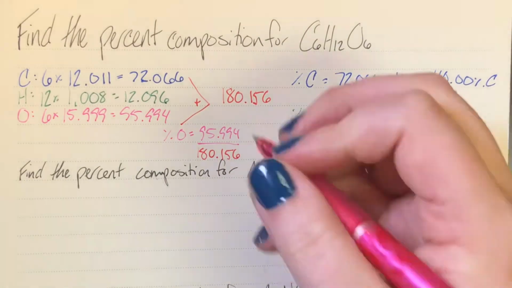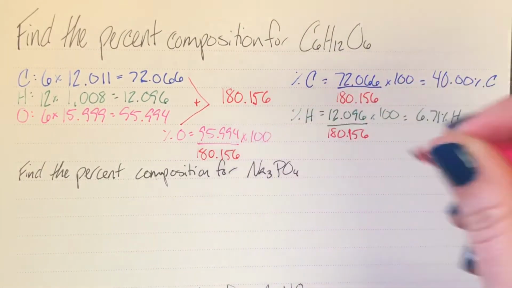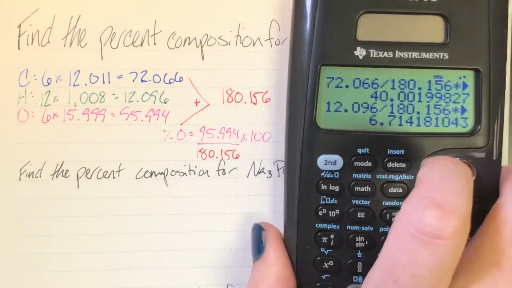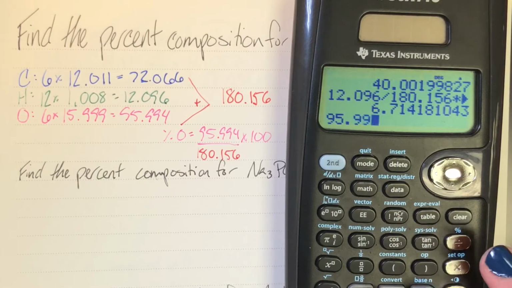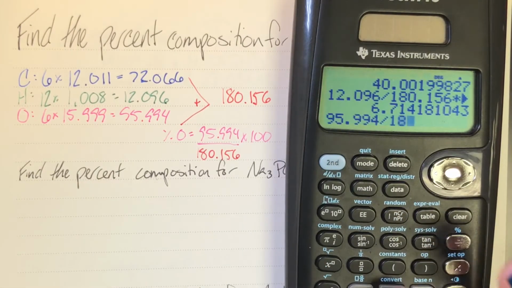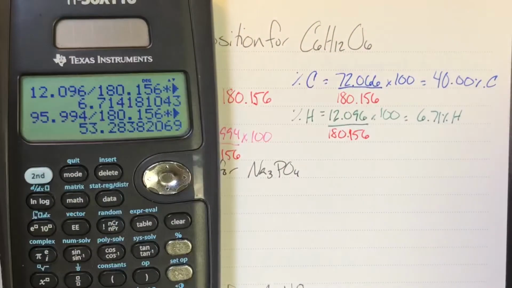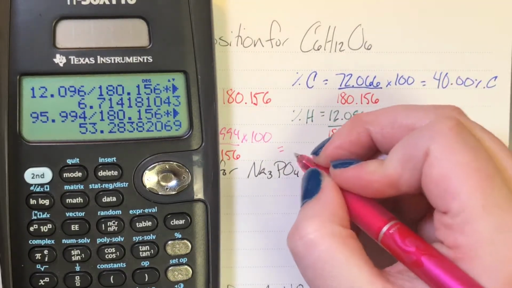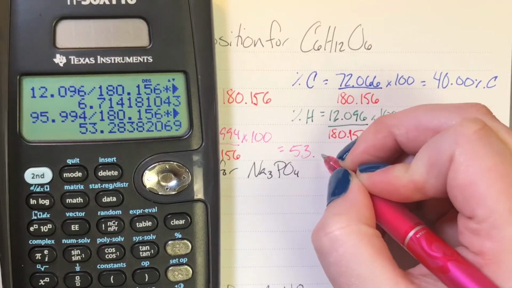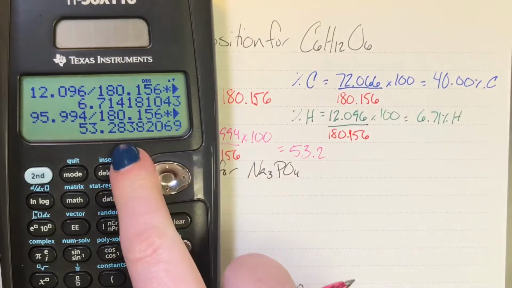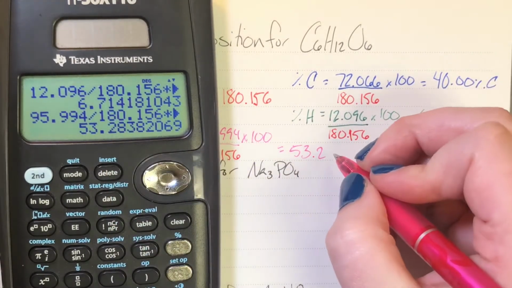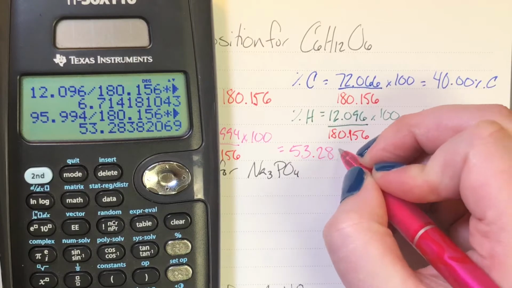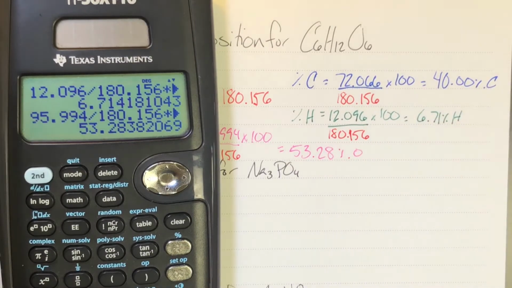And I'll be multiplying that whole thing by 100. So 95.994 divided by 180.156 and multiplied by 100. That will give me, I'm going to have to write it down, 53.2, and then 3 does not make me round up, so 8, and then percent, and then oxygen.